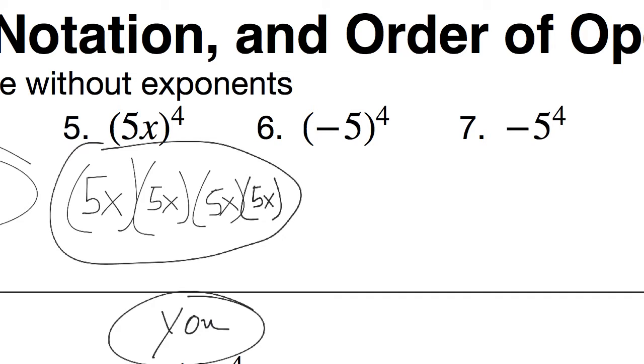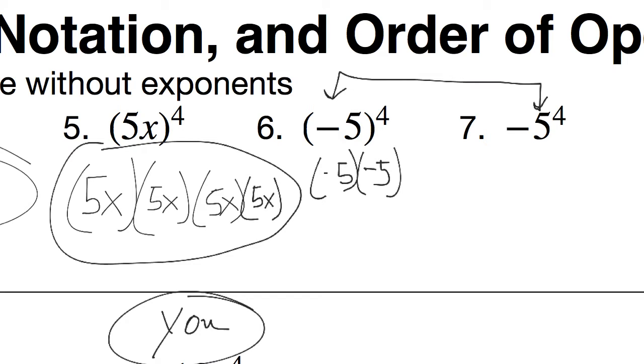Negative 5 times itself 4 times. Now notice, the next 2 problems are going to be very similar. One has parentheses and the other one doesn't. When you have the parentheses, that means you're including the negative 5 as something that needs to be repeated: negative 5 times negative 5 times negative 5 times negative 5.